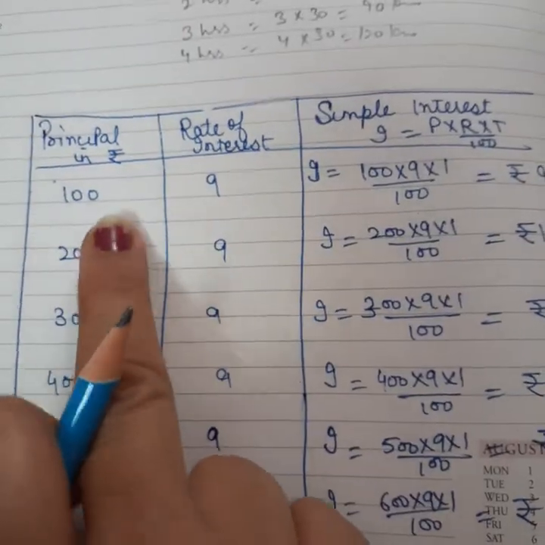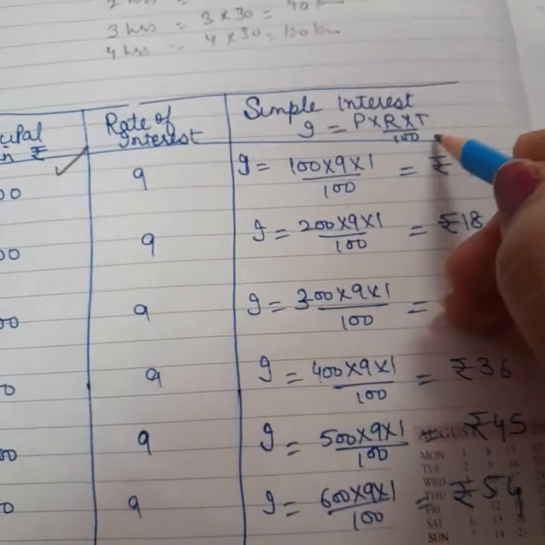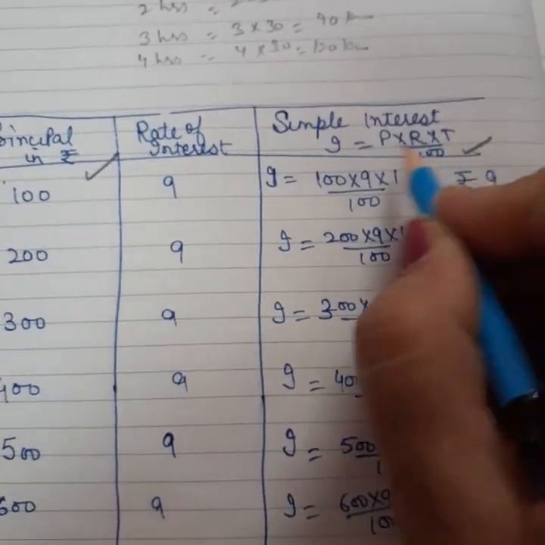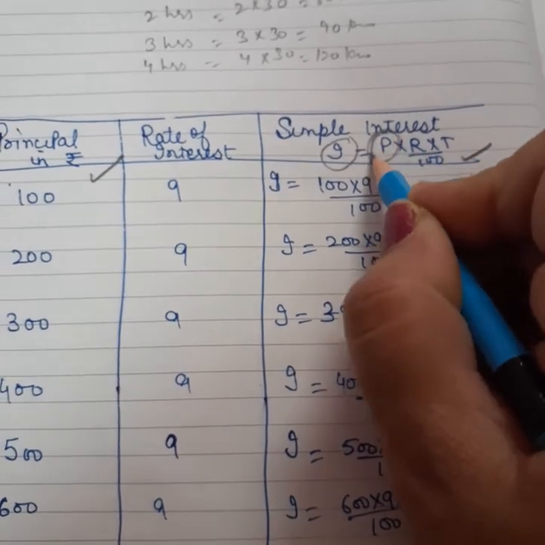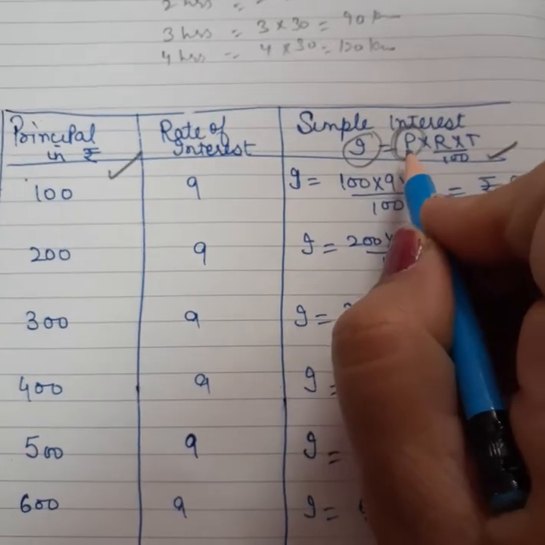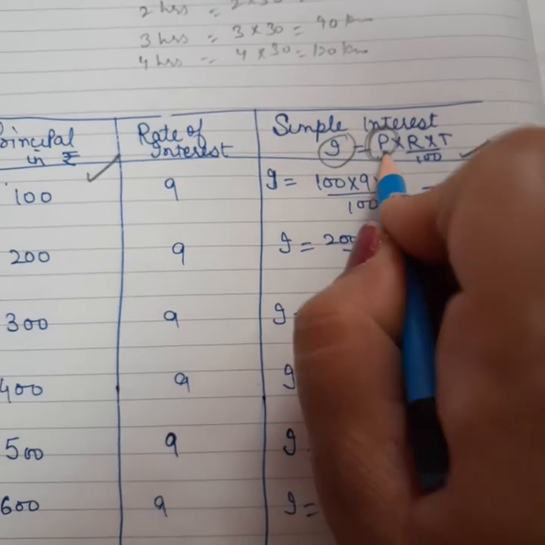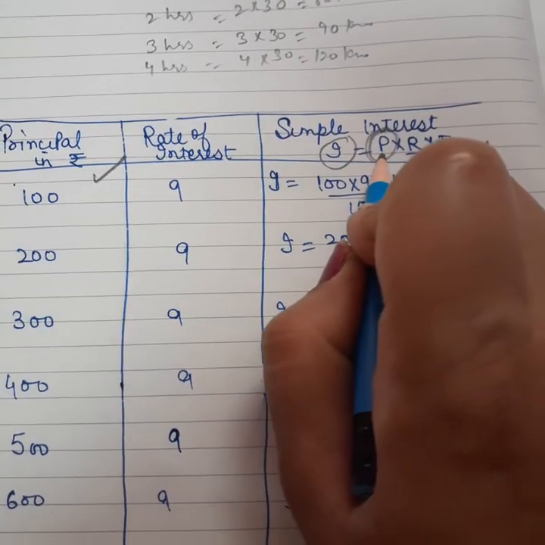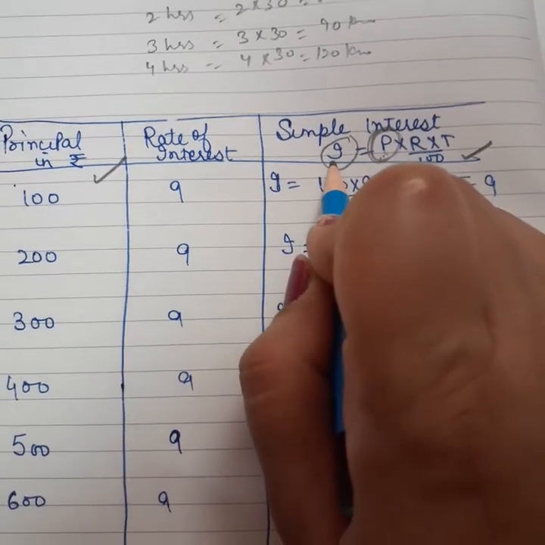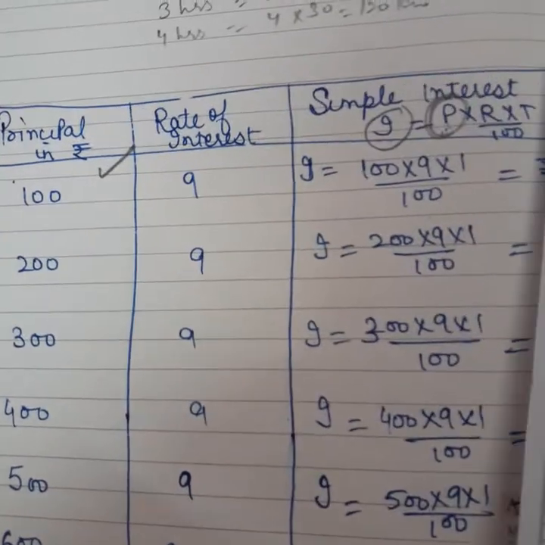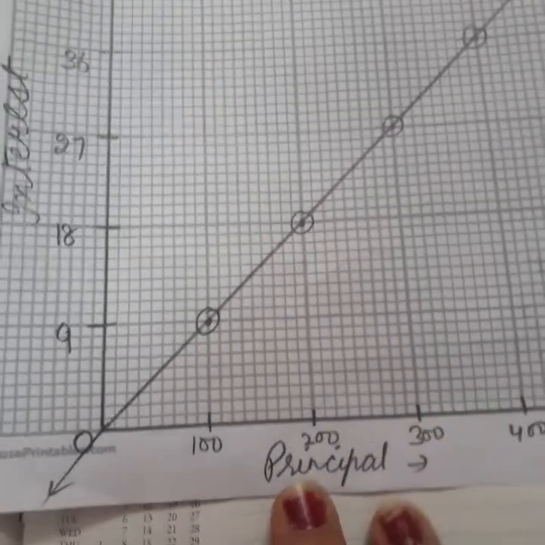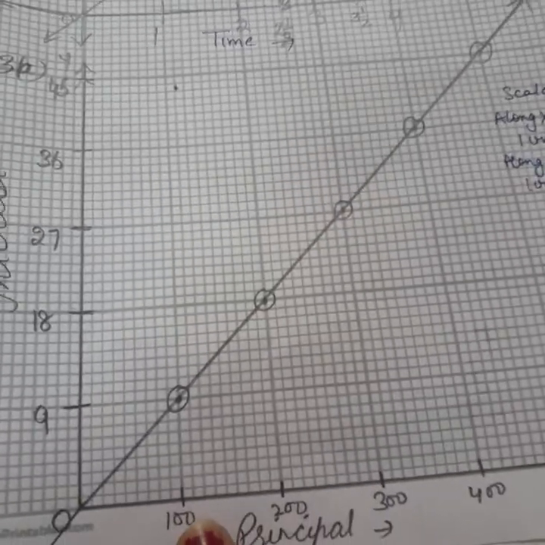Then we draw the graph between the principal and the simple interest. As the simple interest depends upon the principal, we take principal along the x-axis, which is the independent variable, and simple interest depends upon principal, so take it along the y-axis. So see, and then locate the points.